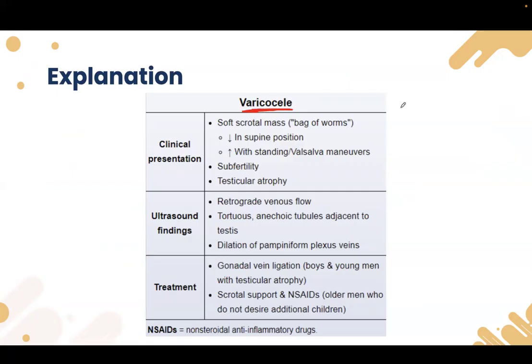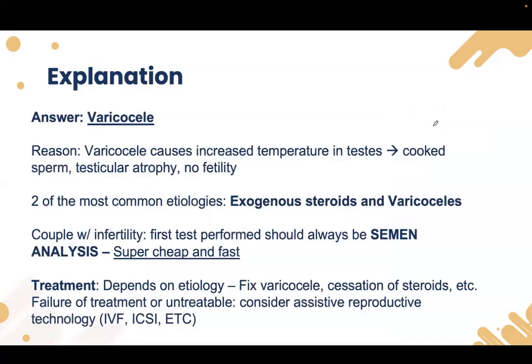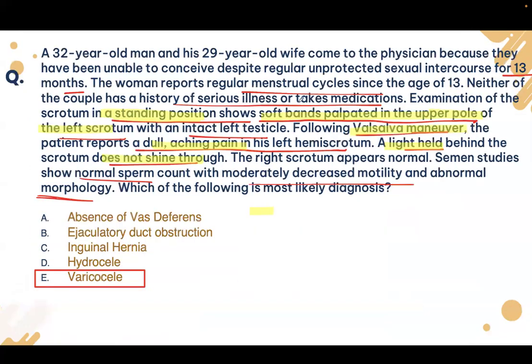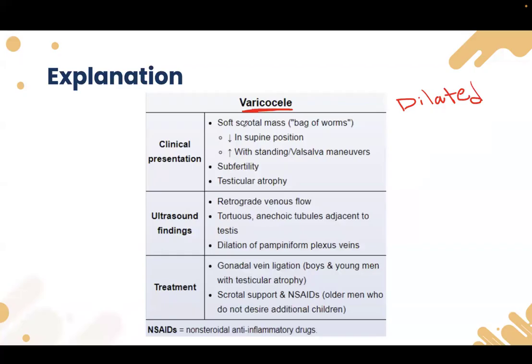Whenever this pampiniform plexus of veins gets dilated, there will be more blood, and the veins will be more tortuous and a bit larger, which would cause the soft bands to be palpated in the upper pole of the left scrotum. So this is their texture. It's a soft mass, which, when doing physical examination, you would comment on as a bag of worms.